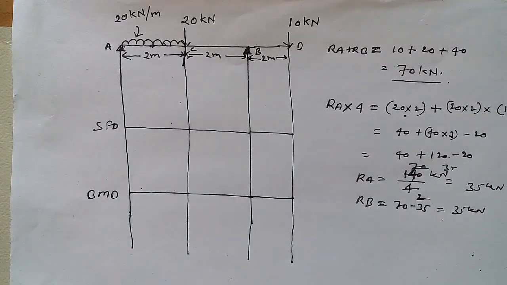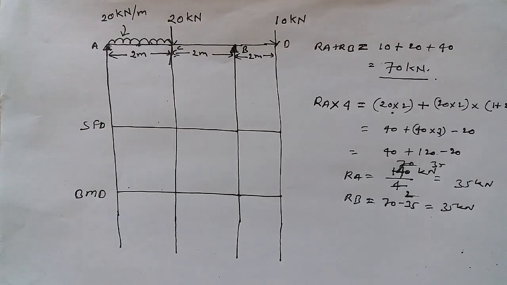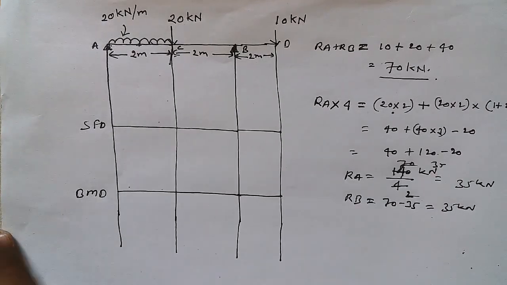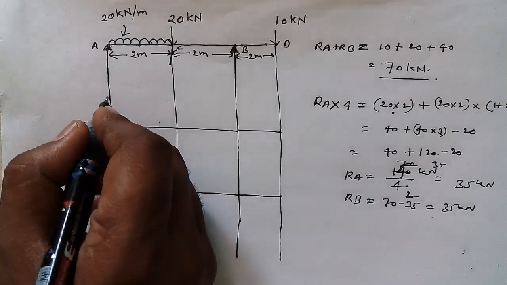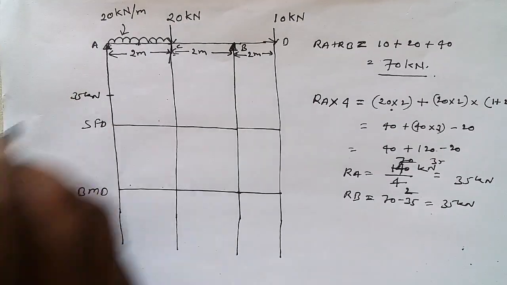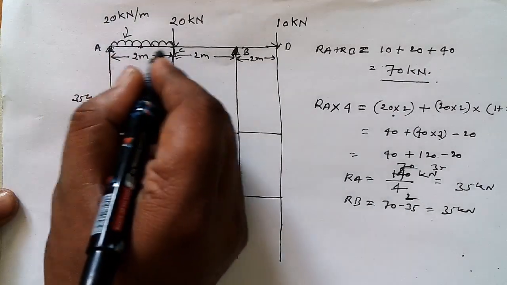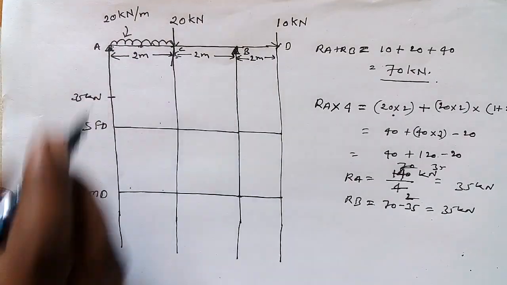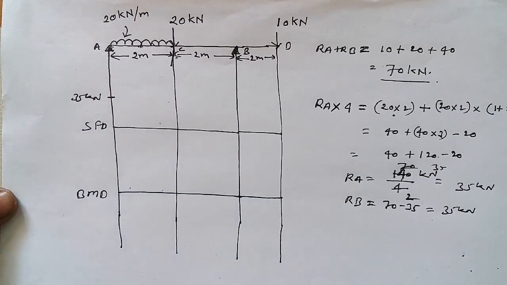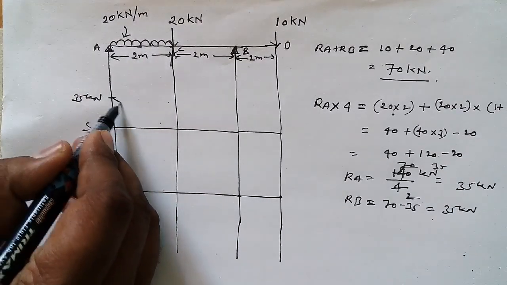Now it is easy to draw the shear force diagram. We are going to start drawing from this side. Suppose from here to here is 35 kilonewton, but we can see that the UDL is acting here, so it would be a linear line. So 40 minus 35, how much?